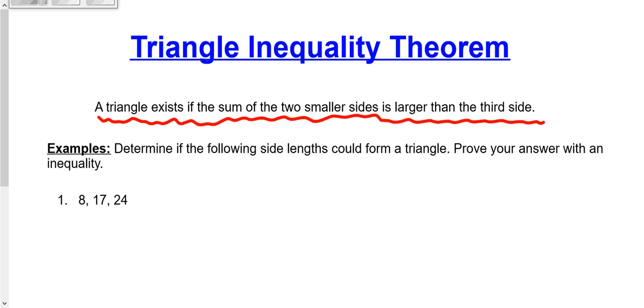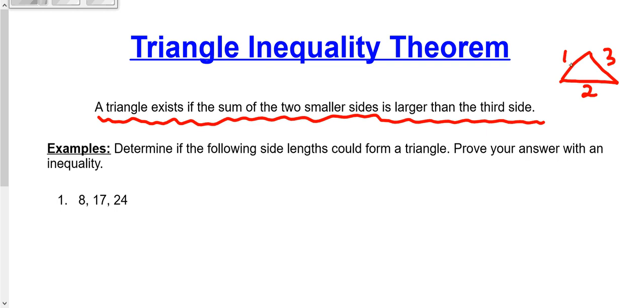Okay, so if you want to know if a triangle is a triangle, a triangle has 3 sides, and usually you have side lengths.